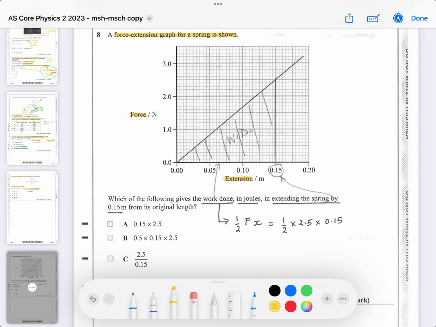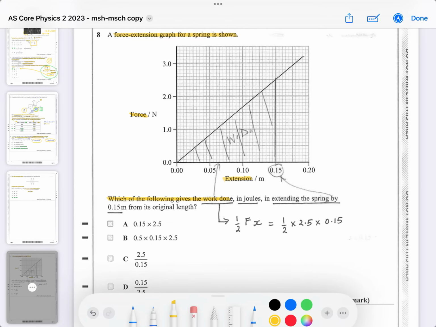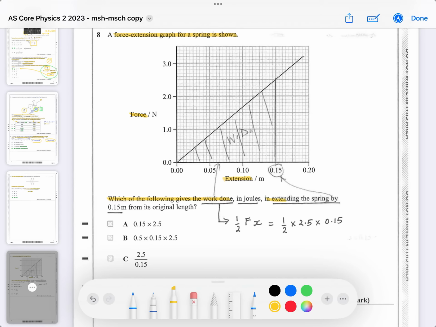So it then says which of the following gives the work done, obviously in joules, in extending the spring by 0.15 meters. Okay, so 0.15 meters I've circled. So you then take the 0.15 up to the line, you can see it's 2.5, and the work done is the area shaded underneath.